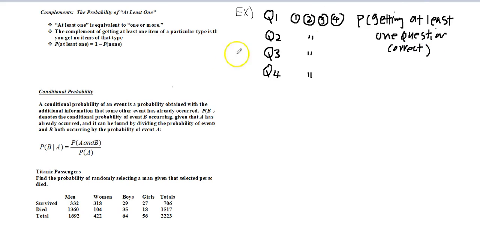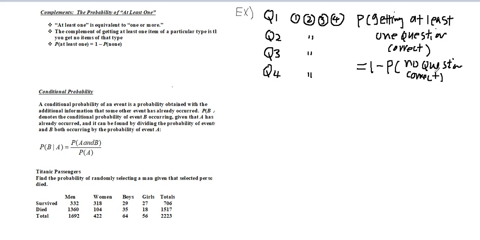That means we can apply the complements rule. So we can say 1 minus the probability of no question correct. In other words, you don't get any questions right.